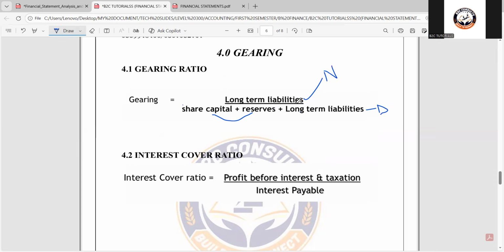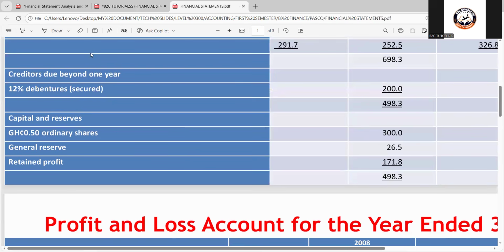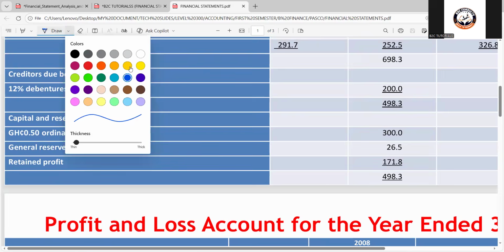Go to your balance sheet and pick what you are owing that goes beyond 1 year. Then divide it by what belongs to the owners under the equity, plus any long-term debt again. When you go to the financial statement, from capital downwards, it is what belongs to the owners.